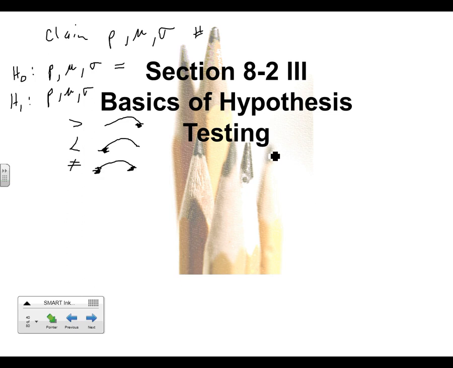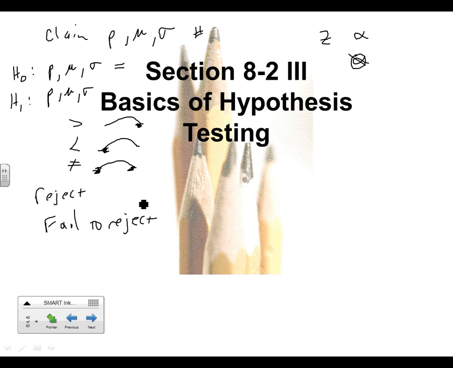Okay? We also talked about how to find a z-score if you're given alpha and if you're not given alpha. Talked about how to find those. So, that's what we talked about. We also talked about rejecting or failing to reject the null hypothesis.